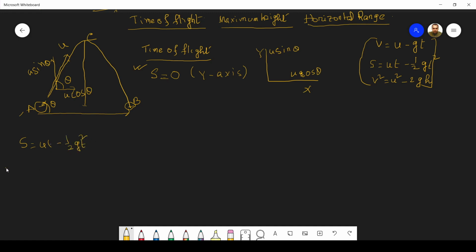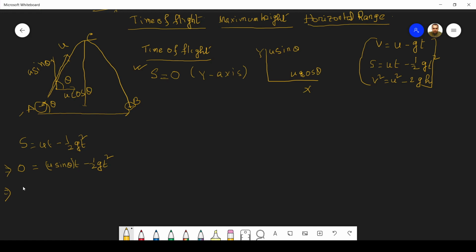Here s equal to 0 along the y-axis, and u is the y component velocity, that is u sine theta. We write u sine theta multiplied by t minus half g t square. That is how we can write this expression for the motion of the object along the y-axis.